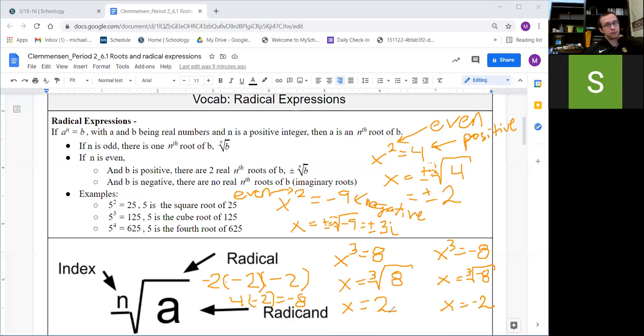So 1 real solution, 2 real solutions, no real solutions, all imaginary. That's what we have to think about. None, 2, 1. It's just talking about the fact that it's odd versus even. Odds will give you one solution no matter what.